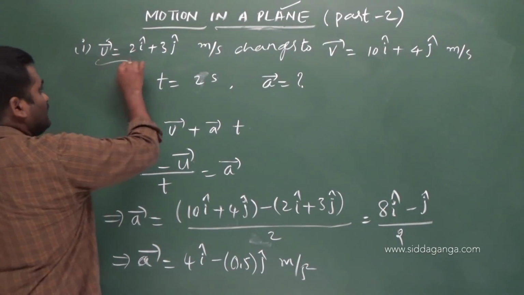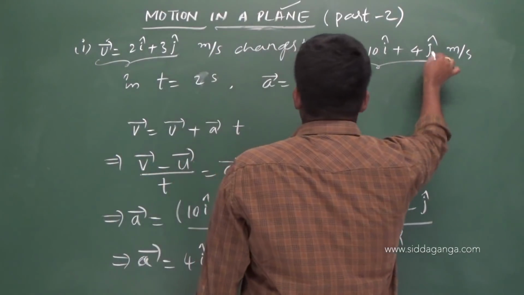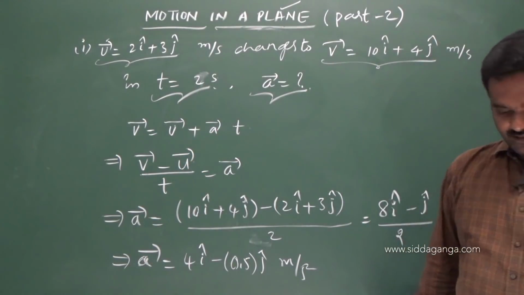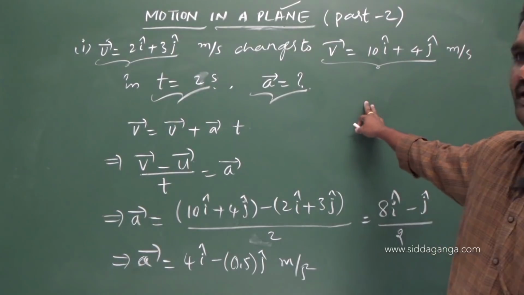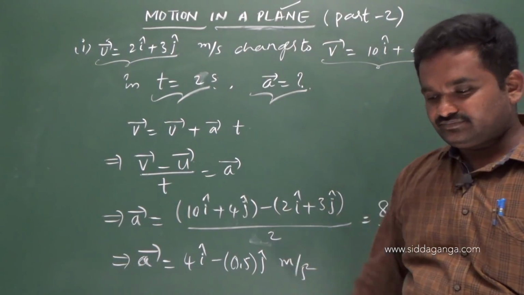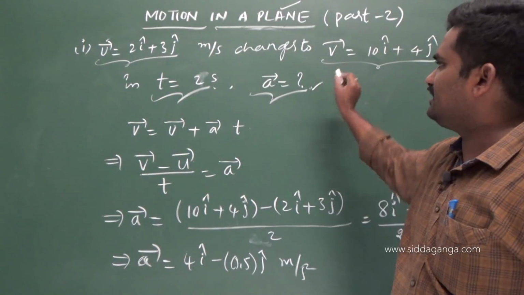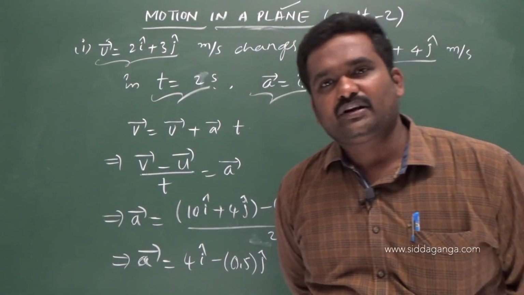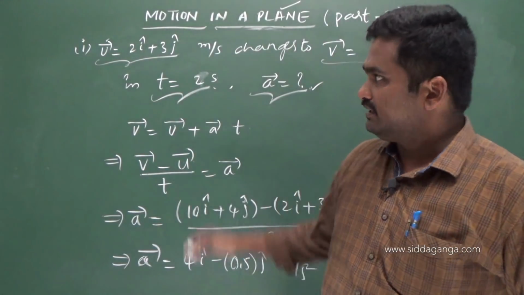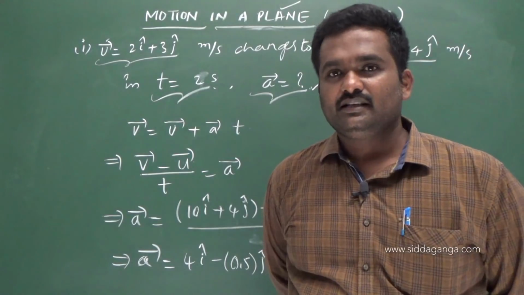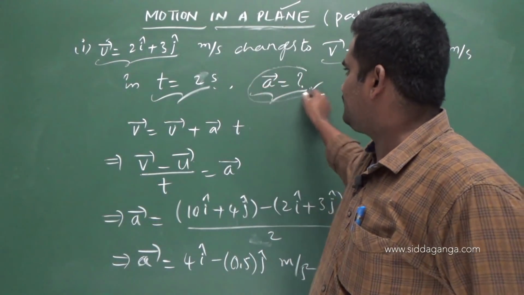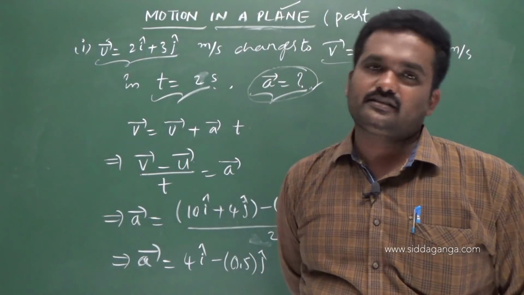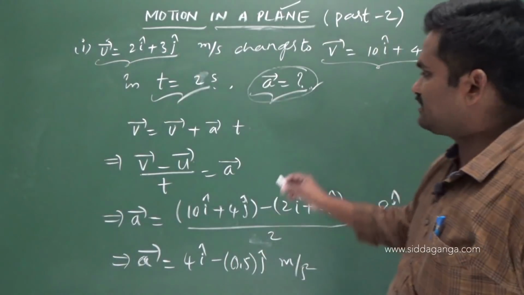Vectors are given here: initial velocity, final velocity, time taken, and we have to solve for the acceleration of the particle, which is moving in a plane. In the question, they may not ask directly for acceleration. They may ask what is the horizontal component of acceleration, or the x component of acceleration.